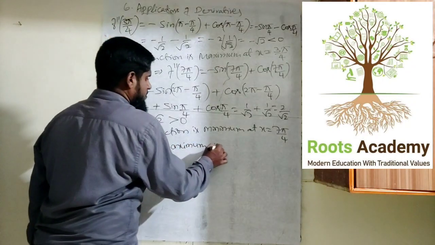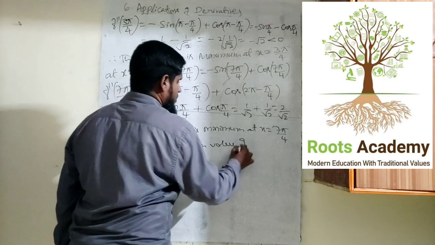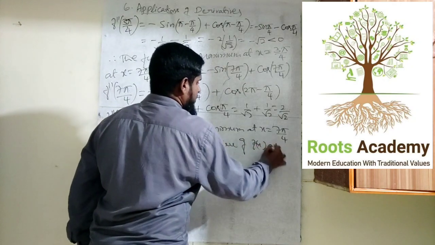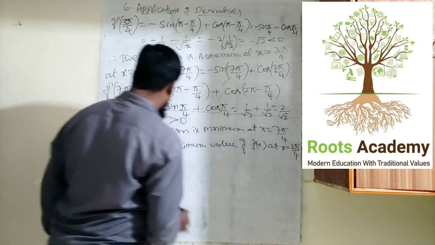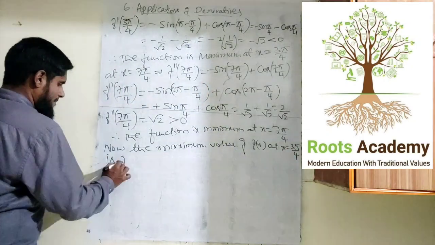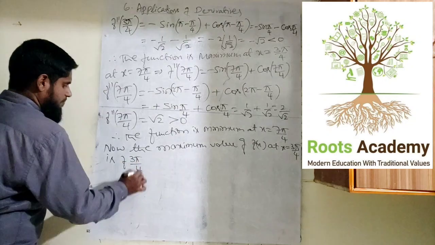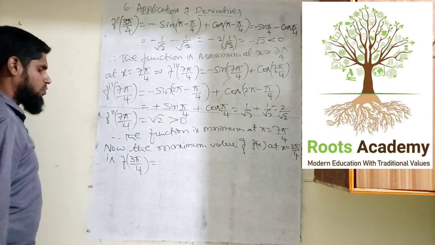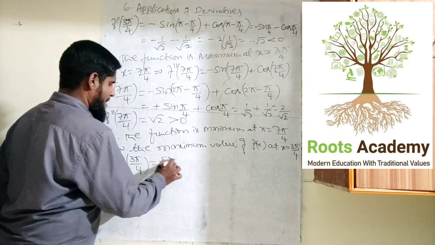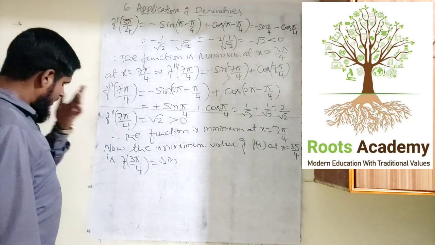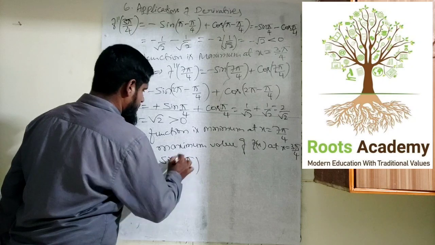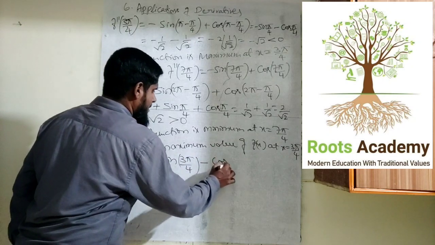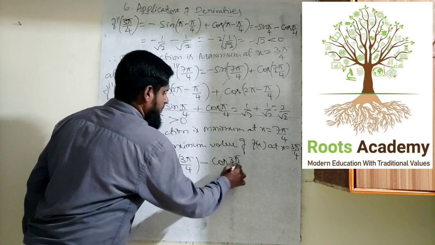The maximum value of f of x at x is equals to 3 pi by 4 is f of 3 pi by 4 is equals to sin 3 pi by 4 minus cos 3 pi by 4.